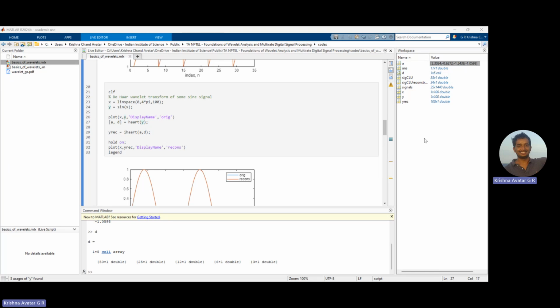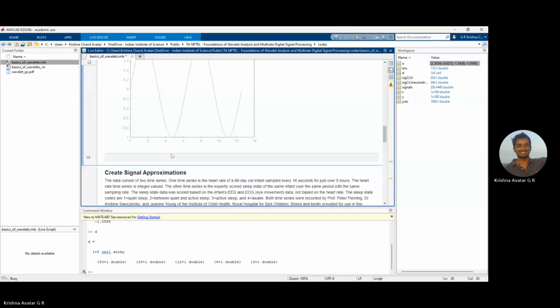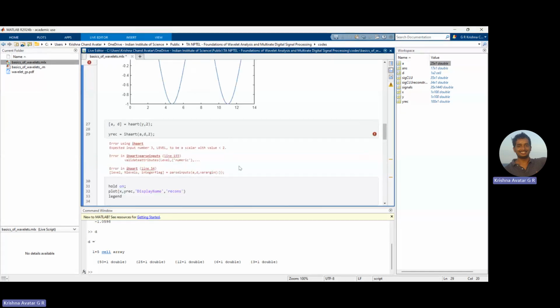So what we would do is give it our own level, say level 2. Let's see now how it approximates it. Now there should be an error, right?